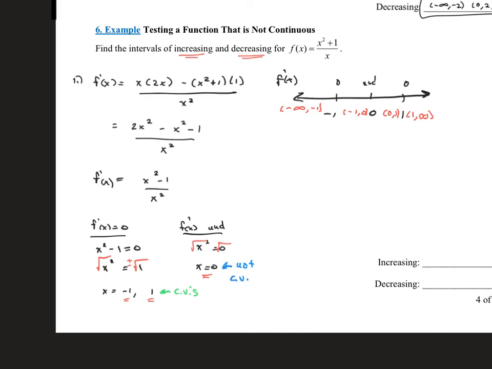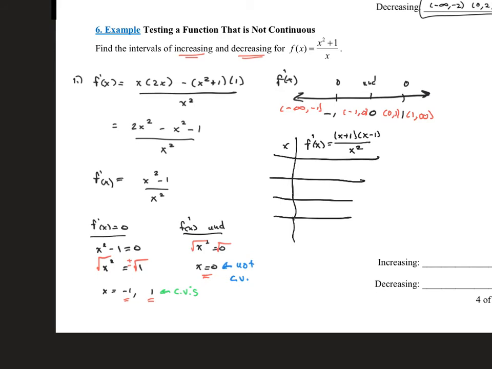The way that we do this is the next step, which is using the sign chart. We're going to use the derivative is what we're plugging it into. I'm going to go ahead and plug it into the factored form of the derivative, because that helps me determine the sign at a faster rate. And I'm going to choose a point in each one of those 4 intervals to plug it into the factored form of the derivative.